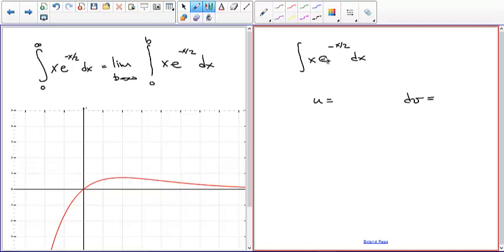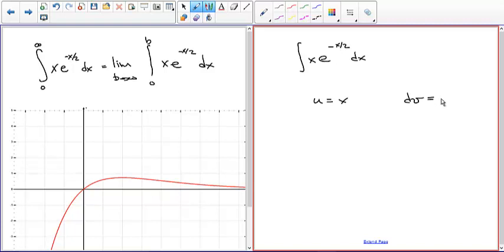U is the part of the product whose derivative is simpler than the original function. Well, if I take the derivative of e to the minus x over 2, it's going to involve e to the minus x over 2. Hence, that's not going to be simpler. So it probably makes sense to choose u as x. Also, dv is the most difficult integral that's in the tables already, which it is.